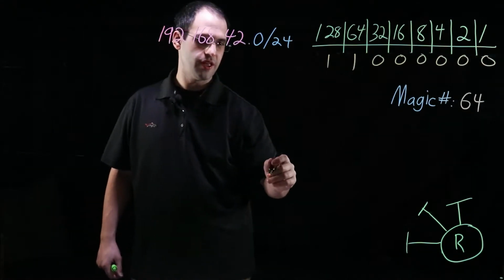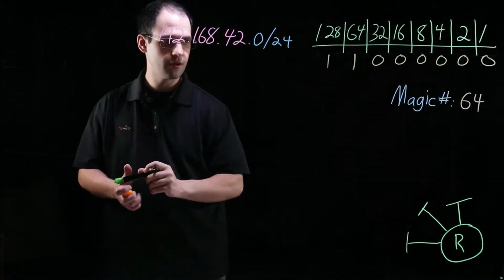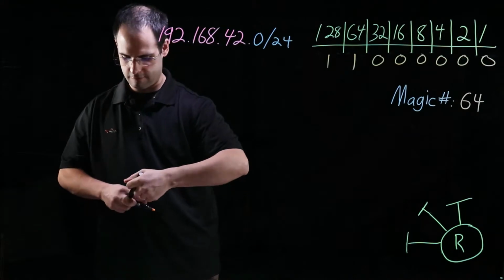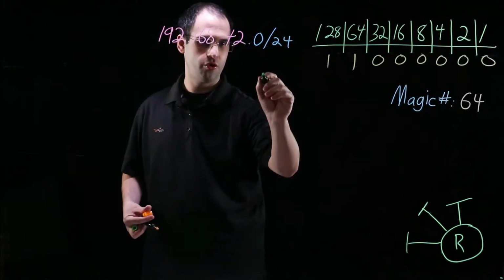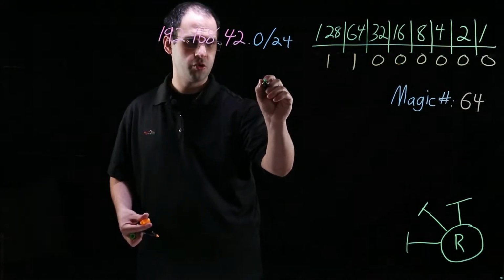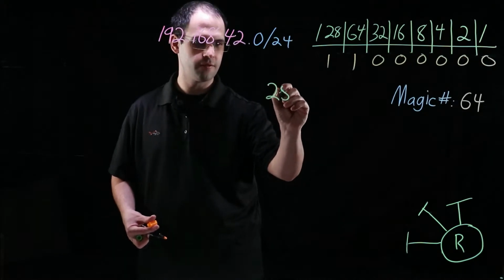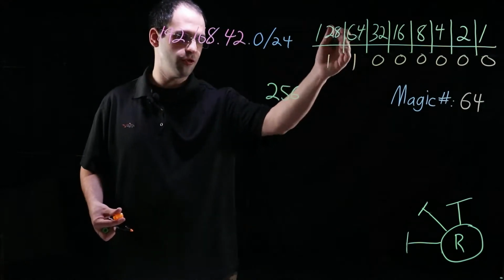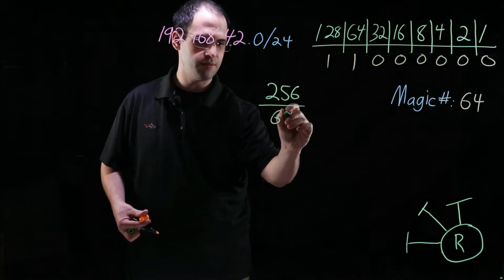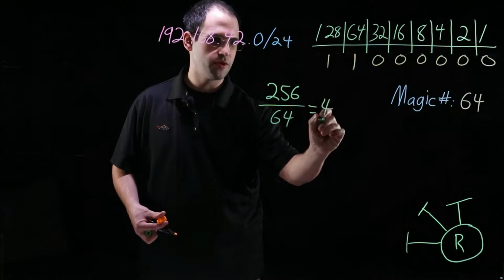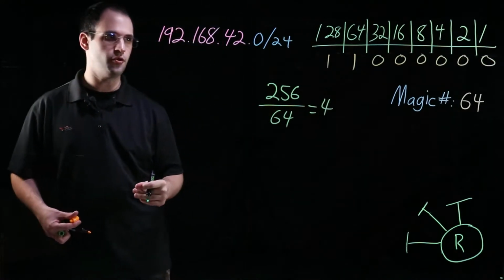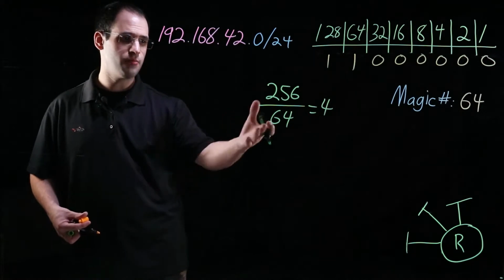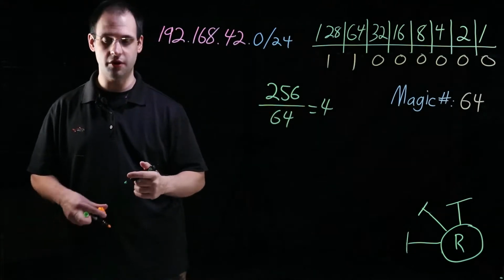First, since it's a /24, we know this is 2 to the 8th, or 256 total hosts. And if we divide by this magic number, 64, we find out that we're going to have 4 networks of 64. It also tells us how many values we have per network.